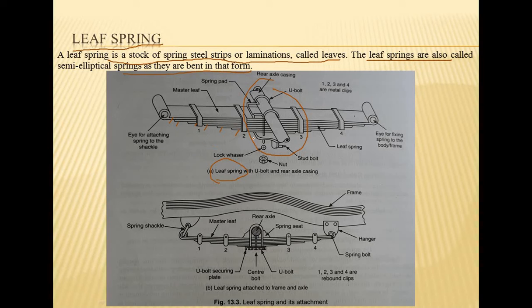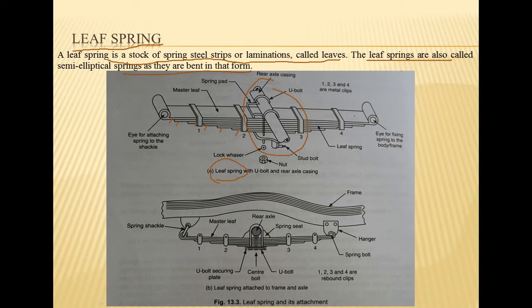These are very effective in absorption of vibrations received from the wheel, as shown in this diagram of a leaf spring attached to the frame and axle with the U-bolt and rear axle casing.